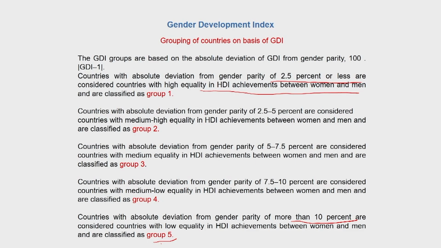And you would see that although income, as I have already said, does not have a straightforward relationship with human development achievements, still we do see that a lot of countries in the global south are seen to have more gender disparity than the global north.